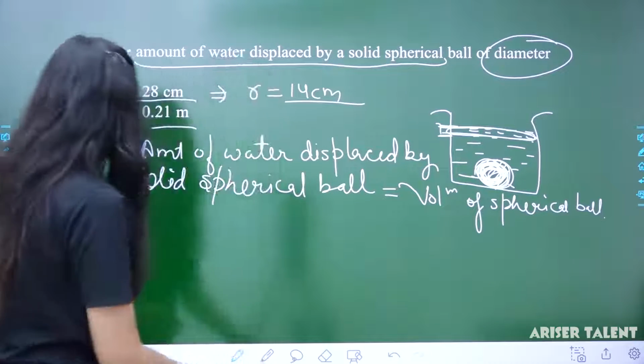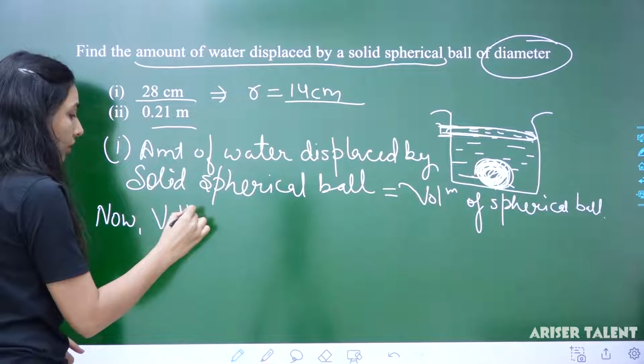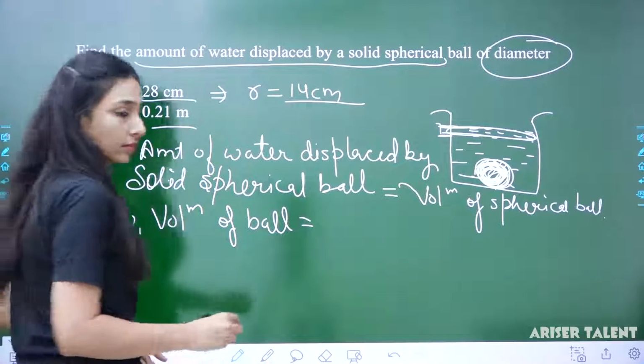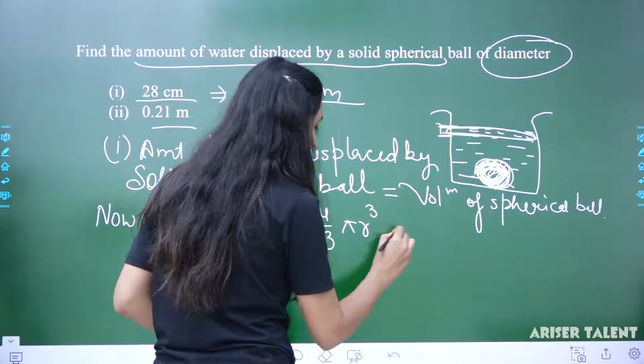Good enough. Now, volume of ball is equal to 4 by 3 pi r cube.